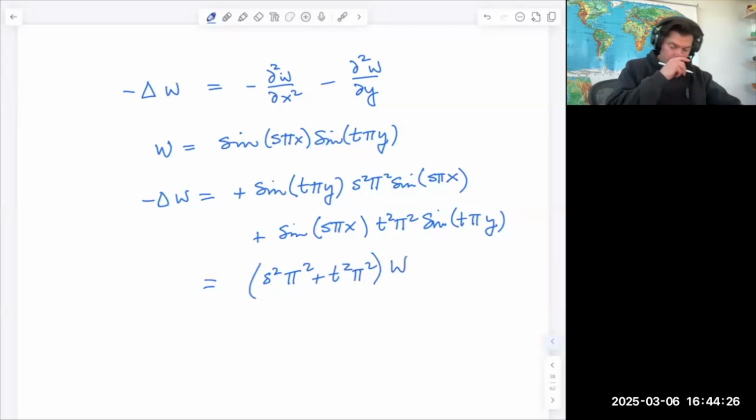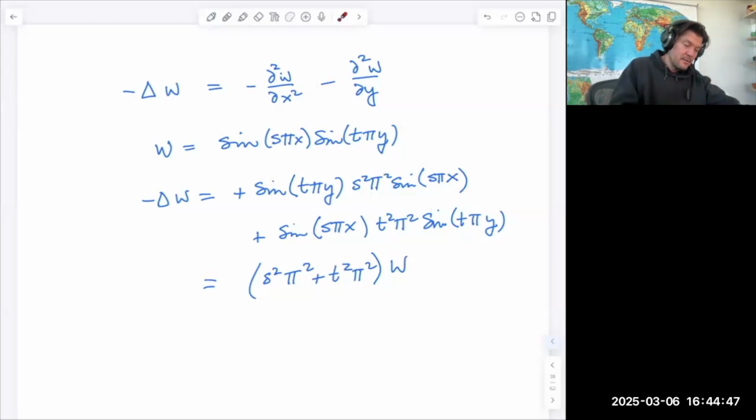So it's the analog of what's going on in the continuous case. The only difference is in the continuous case my eigenvalues are a lot simpler than they are in the finite difference case. But the calculation is more or less exactly the same.